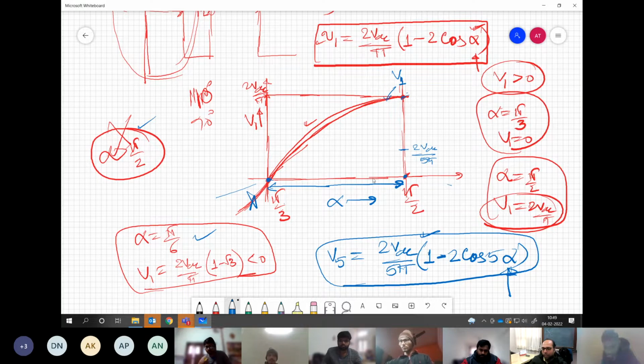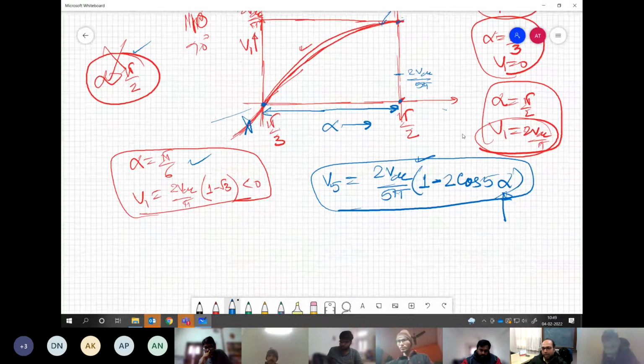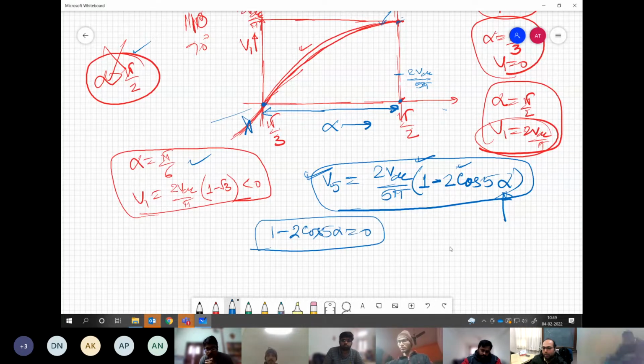Now we have to work out whatever other numbers are there. So let us say, for example, at what all points this could be 0. Whenever 1 minus 2 cos 5 alpha goes to 0, V5 will be 0. Which means that 5 alpha will turn out to be 60°.